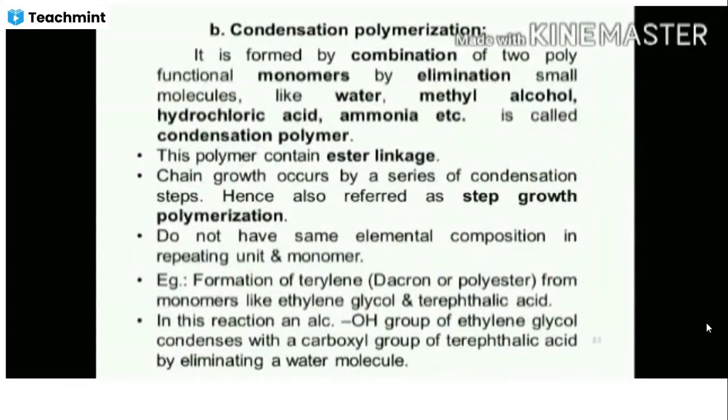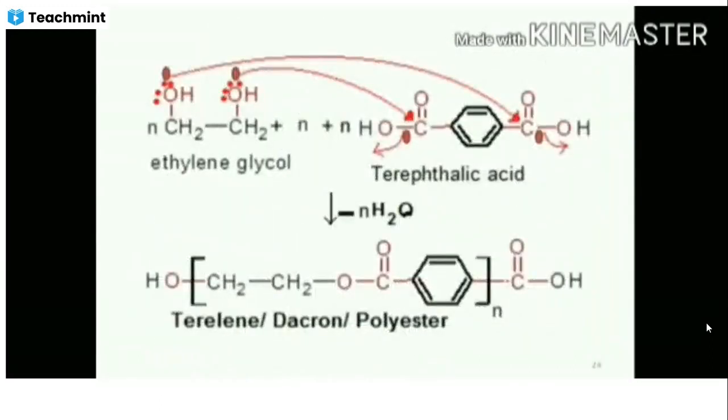Now, ethylene glycol reacts with another monomer, terephthalic acid. Here, the lone pair of oxygen attacks the electrophilic carbonyl carbon, and then removal of the OH group with H of ethylene glycol forms the loss of water, and then terylene, dacron or polyester polymer is formed.